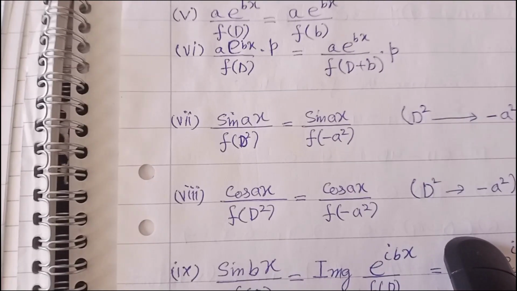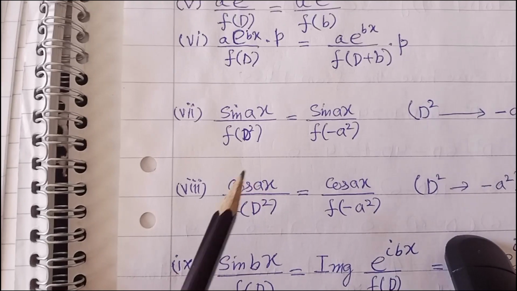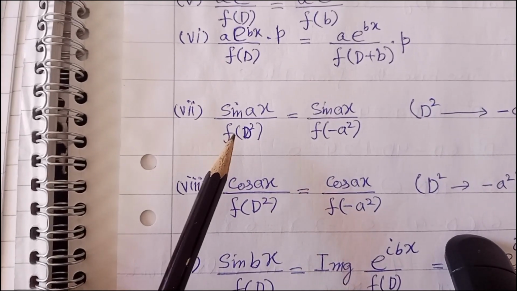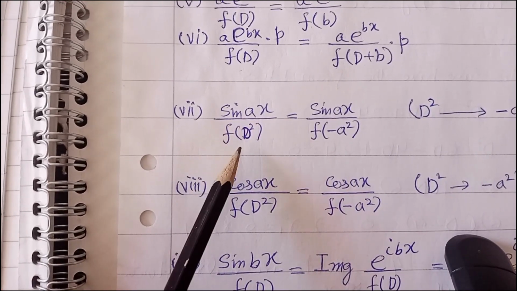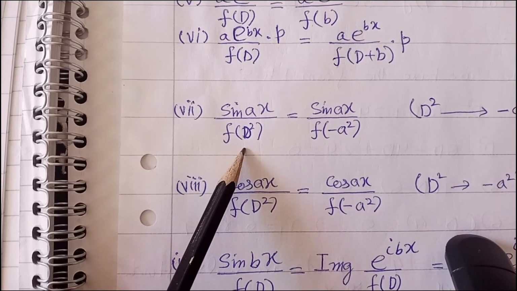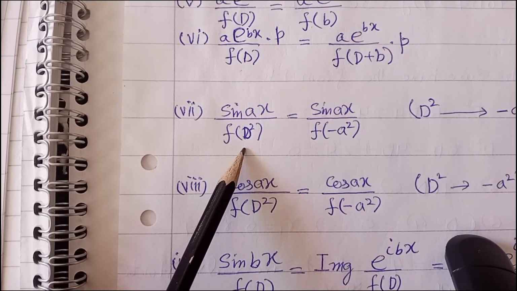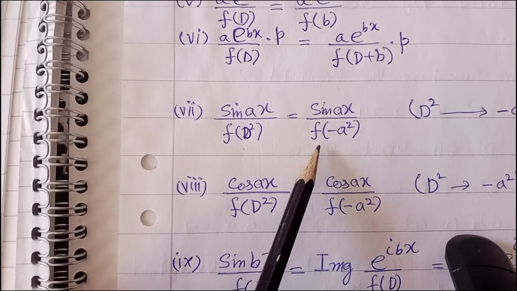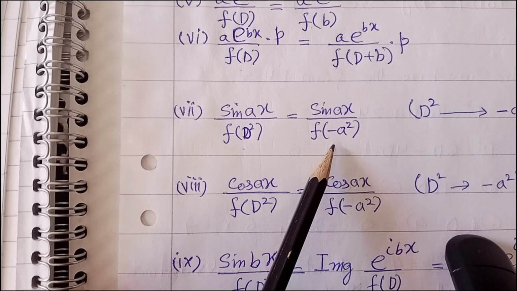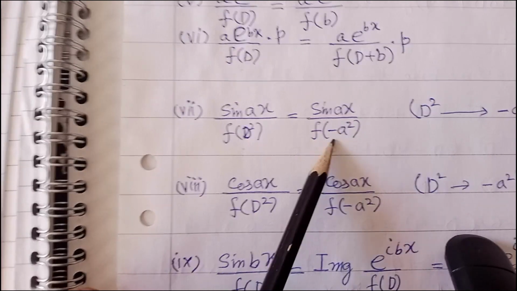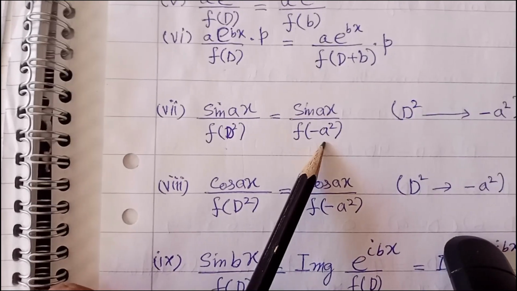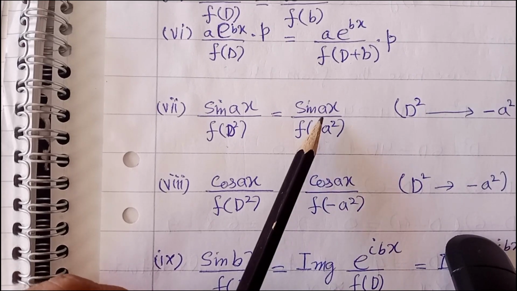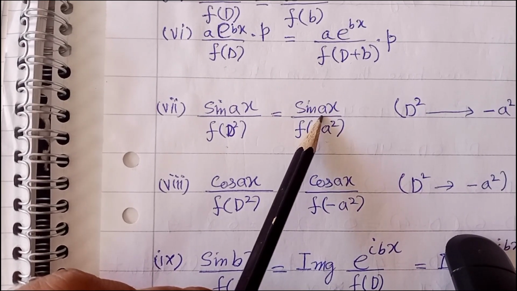Now the next one is the case of trigonometric functions. For example, if we have sine ax upon f of d square, all the values which consist of d square we will replace by minus a square, where a is the coefficient of x in the angle.